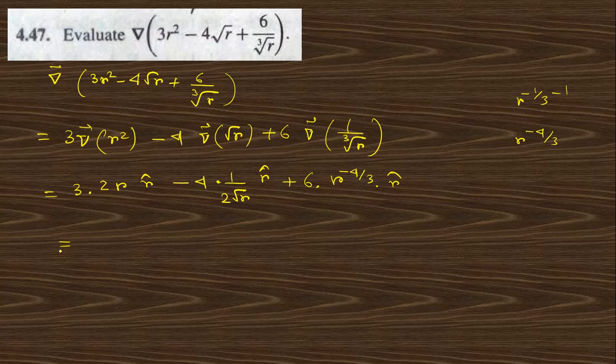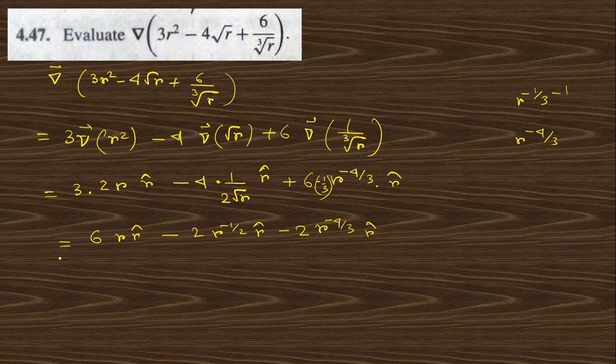Okay, so this can be written as 6 r cap minus 2 r to the power minus half r cap, and sorry, there is a minus 1 by 3. So this will become minus 2 r to the power minus 4 by 3 r cap.